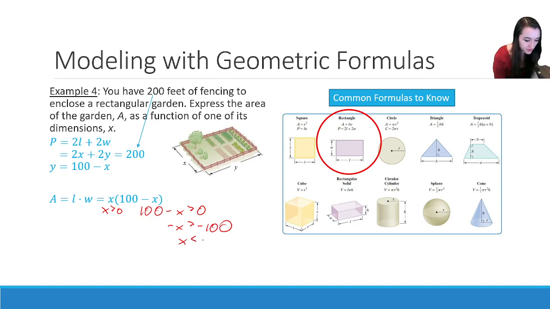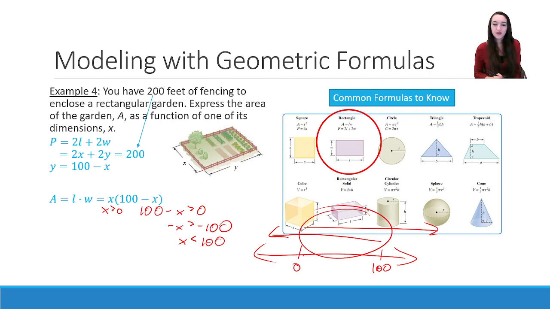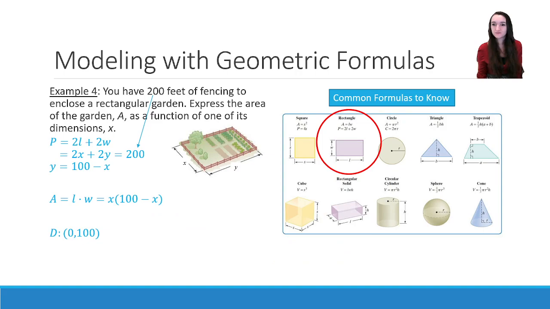Remember, we switch the direction when I divide or multiply by that negative. So x is less than 100, x is greater than 0. So drawing out the number line gives us, here's 100, here's 0, we're less than 100, we're greater than 0, so we are this area in the middle. So our domain in the end is from 0 to 100.